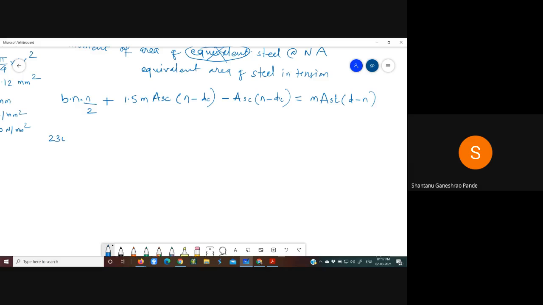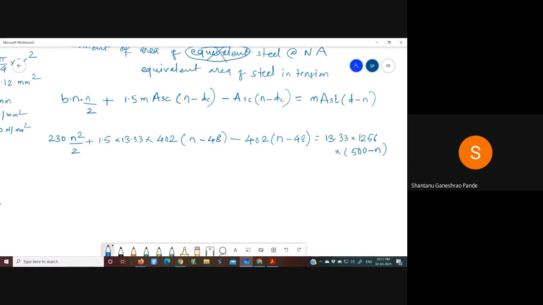So 230 multiplied by n square divided by 2, plus 1.5, the M value is 13.33, the ASC value I believe is 402, into again n minus DC, which we have calculated as 48, minus ASC again 402 into n minus DC 48, equal to M again 13.33 into AST, I think it's 1256, into D which is 500 minus n.